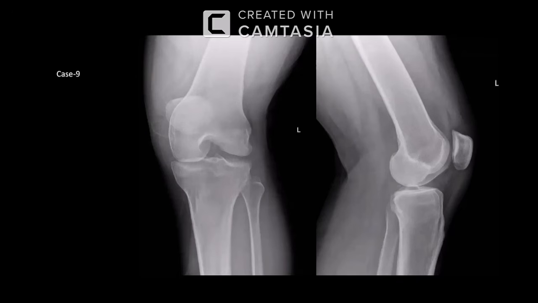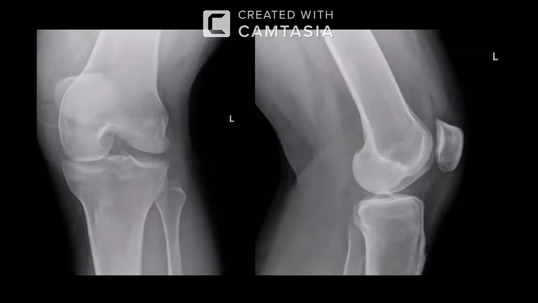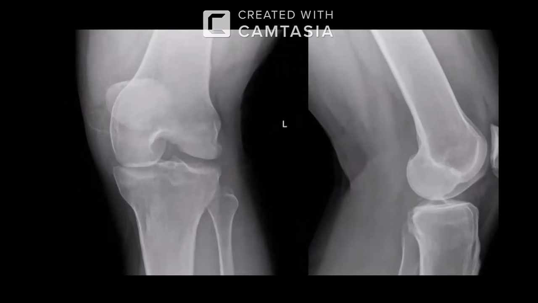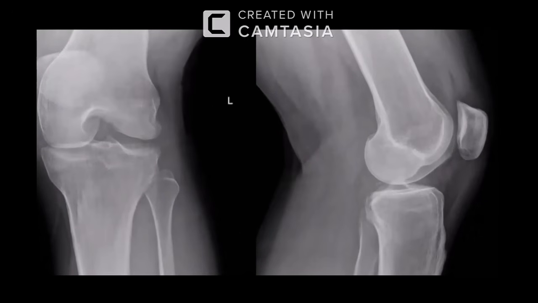There is an impression of a small bone fragment in the interspinous region. In my routine practice, I would zoom in to see whether this is an actual finding or not. So this is not an actual finding.